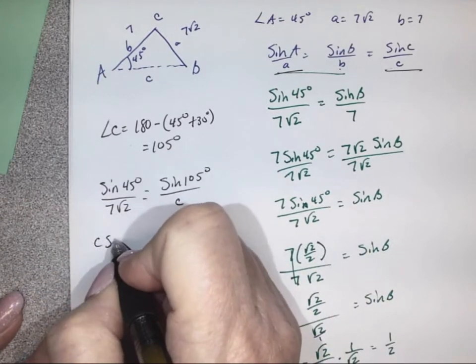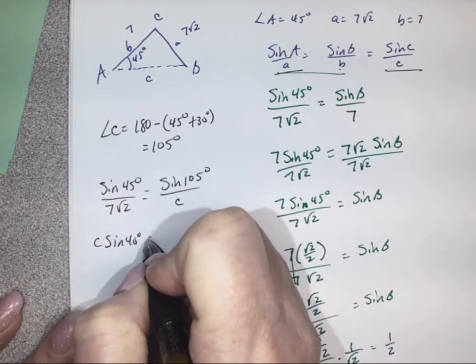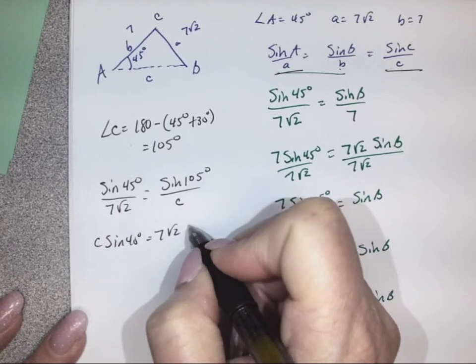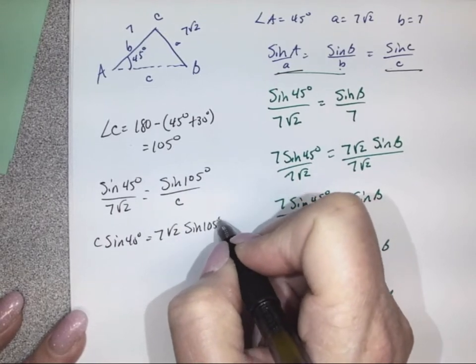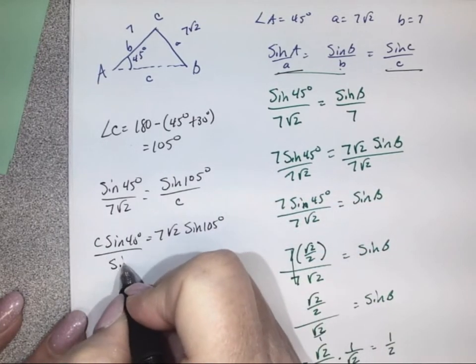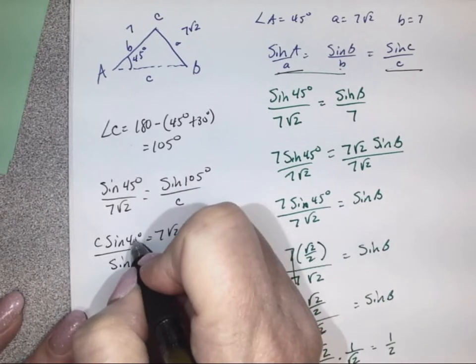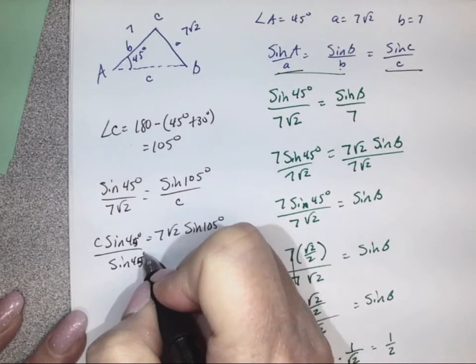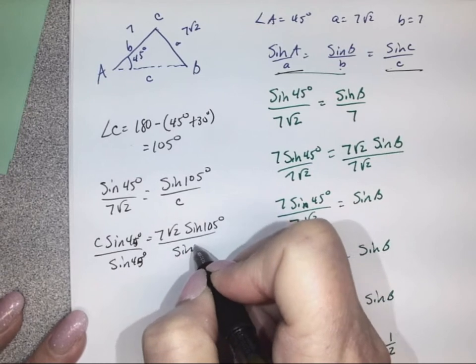Cross multiply, c times the sine of 45 is equal to 7 square roots of 2 times the sine of 105. Divide by the sine of 45, not 40. Got to watch those typos. The sine of 45.